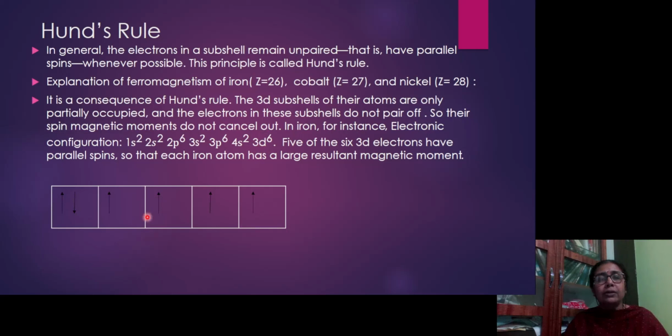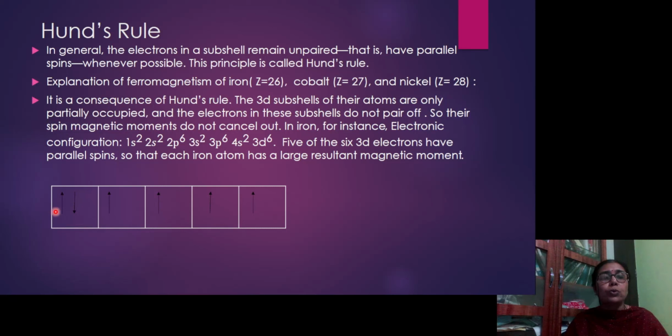If we look at the 5 orbitals of this 3d subshell, these 6 electrons are arranged such that initially the 5 orbitals are occupied, and then the 6th electron is paired with the first orbital electron.